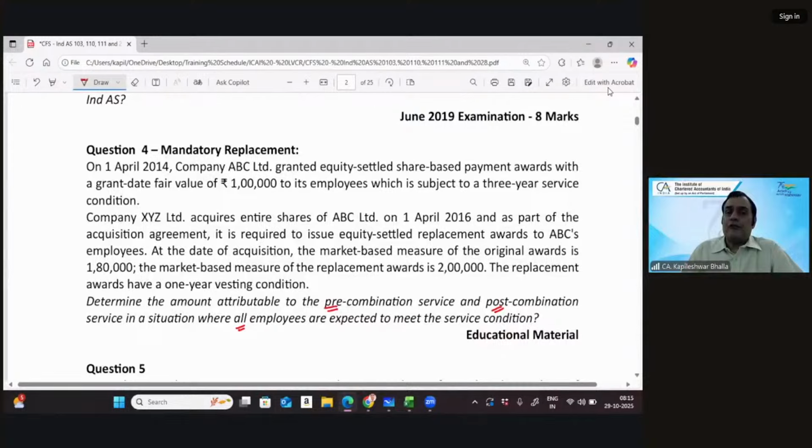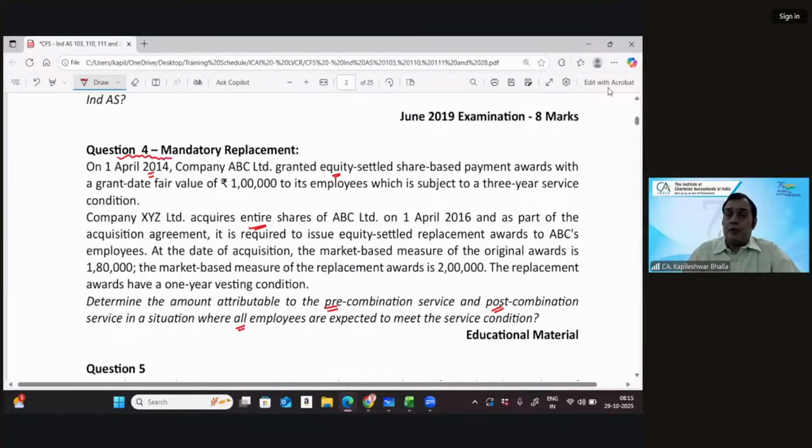It says on 1st April 14, company ABC granted equity settled share-based payment awards with a grant date fair value of 1 lakh to the employees, which is subject to a 3-year service condition. Company XYZ acquires the entire shares of ABC on 1st April 16 as a part of the acquisition agreement.